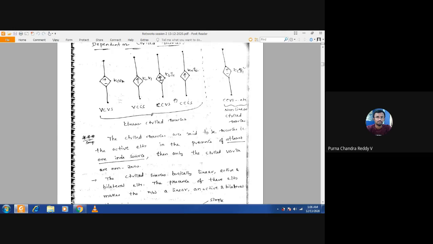I told you already, if it is a rhombus shape, that is a controlled source or dependent source. It is dependent on some variable, which may be current or voltage. When this variable is non-zero, then only we can say this controlled source is active. Yes or no?